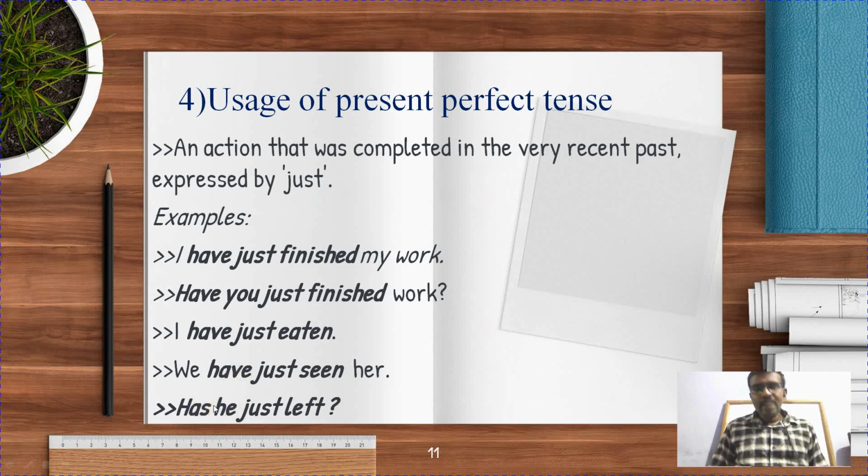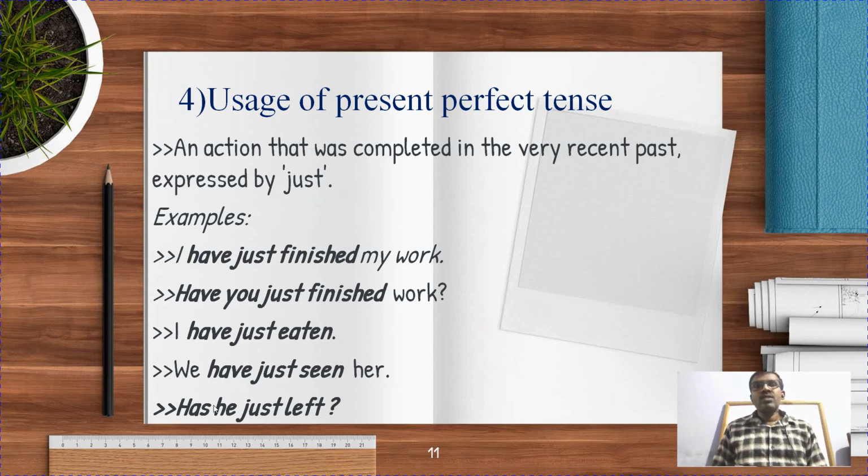Has he just left? The important thing: when I arrived at the bus station, the bus has just left. When I arrived at the airport, the flight has just left or has just taken off, right?